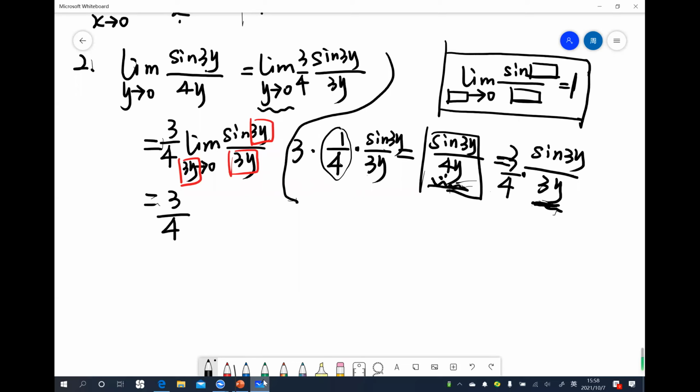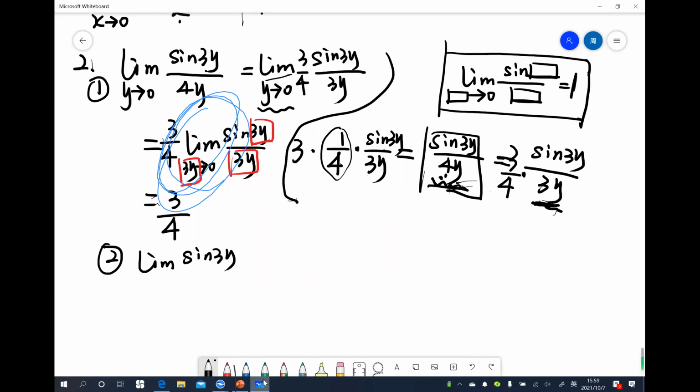And here, maybe you can have another solution, way 2. This is way 1, and this is way 2. Way 2, you can solve it like this. Sine 3. Okay. So what is the question? This part, the limit.